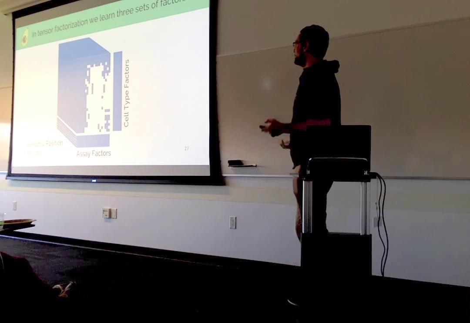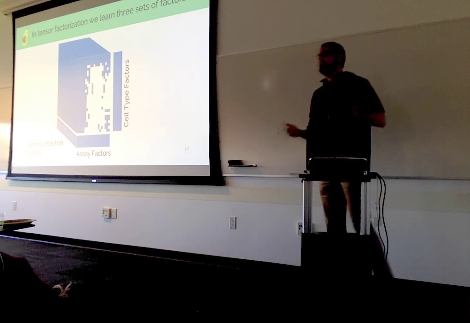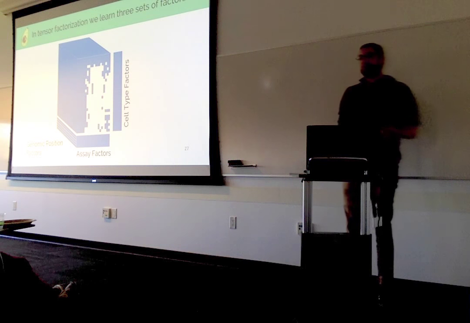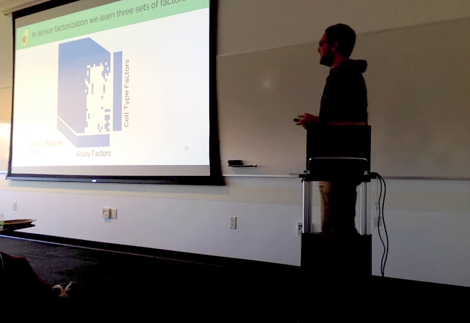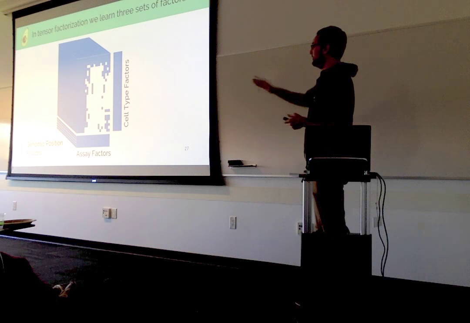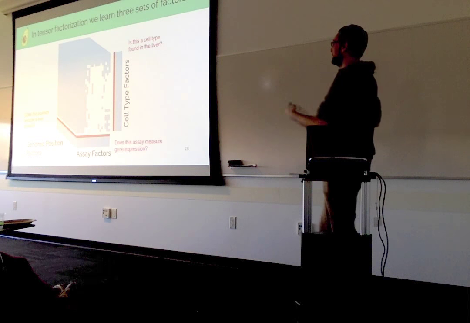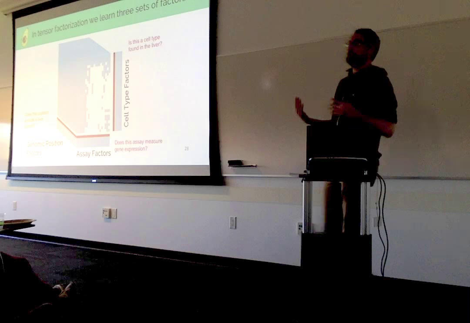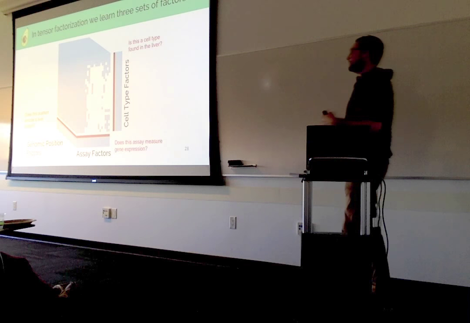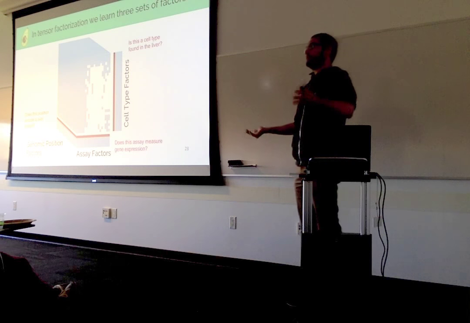So we can do basically the same thing. We can extend this matrix factorization approach, epitomized by the Netflix challenge, to have 3 dimensions. Now we have our genome factors that span the whole length of the genome, in addition to our cell type and assay factors. And we can have the same gist, except with these questions corresponding to more biological phenomena. For example, is this a liver protein at some position?